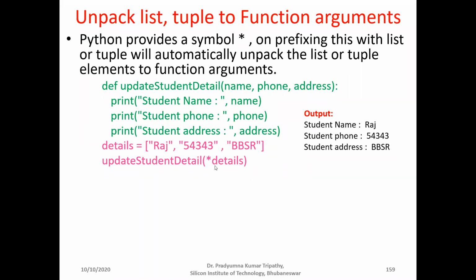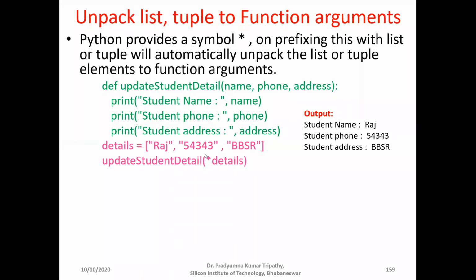I pass star details. Star details means it takes all values, each individual one will be passed, and accordingly it will be received over here. One thing I could have done: I pass details, receive it as a list and unpack inside.